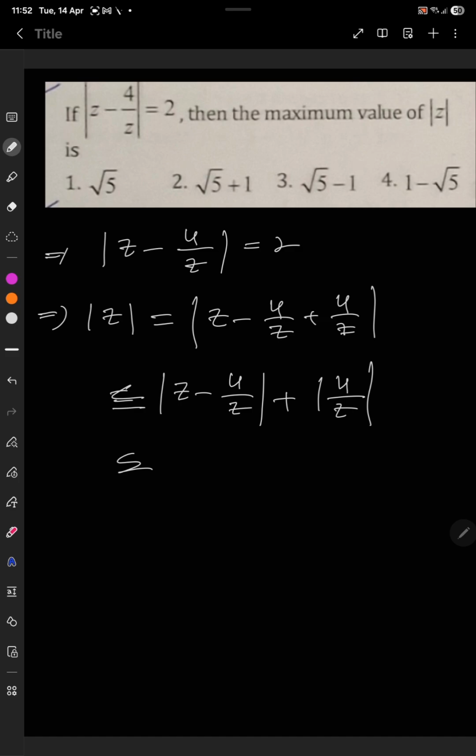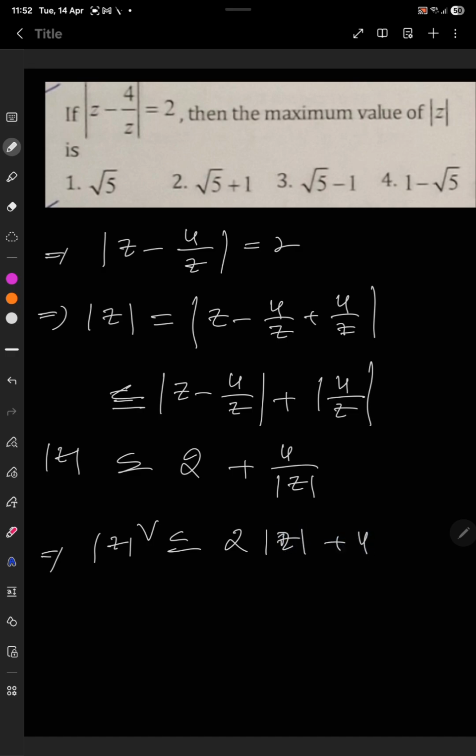So given that mod of z minus 4 by z is 2 plus 4 by mod z, that is mod z into mod z, is mod z square is less than or equal to 2 mod z plus 4, that is mod z square minus 2 mod z less than or equal to 4.